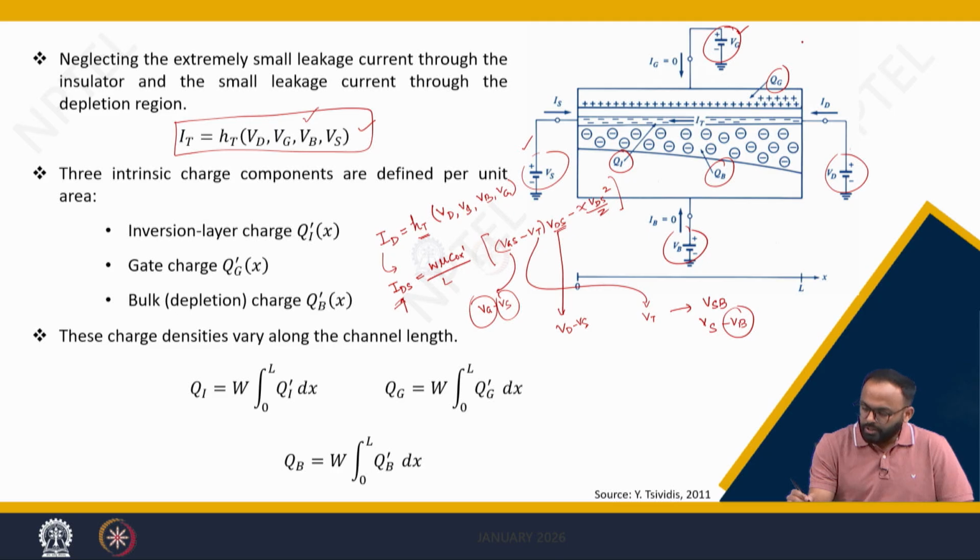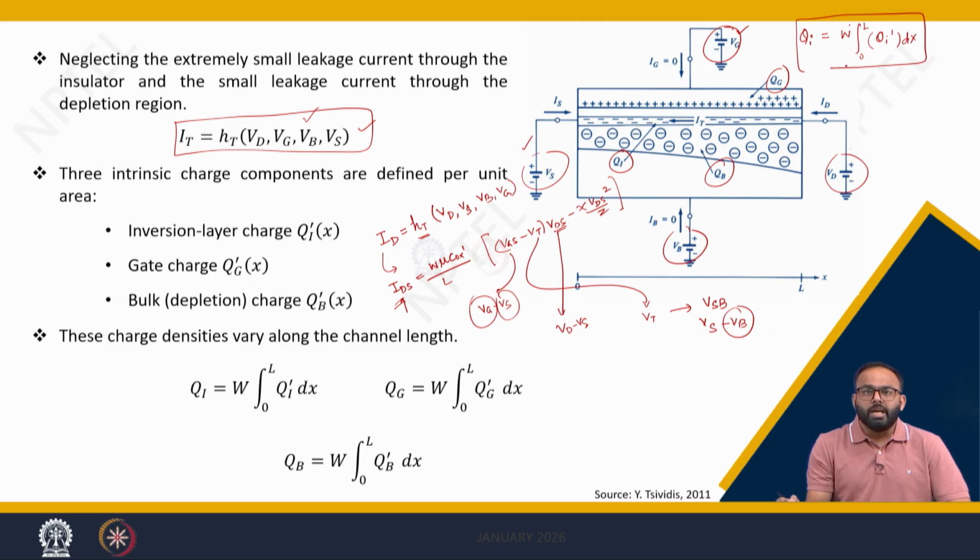Along the length, these charges can be explained as Qi is equal to W into integral 0 to L Qi dash dx. What it means is, in our previous analysis we have discussed that Qi dash is the charge per unit area. So, if I want to calculate the total charge available in the channel, then I need to multiply with the area. However, this charge varies with x. So, what we are doing?